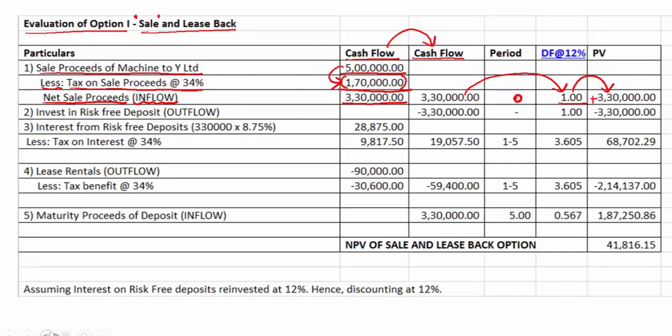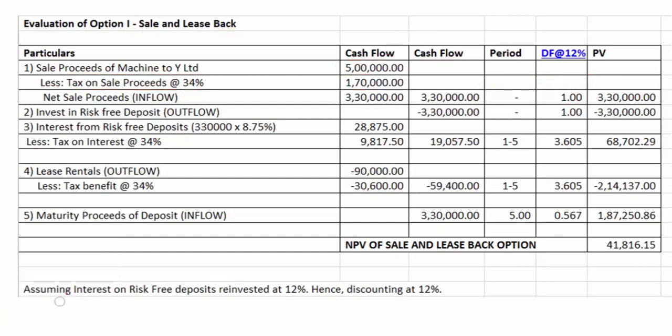Then what I'm going to do, I have to invest this money in a risk-free deposit. So as a second item, let me write invest in risk-free deposit, and this is basically an outflow. So let me take it to the second column with the negative sign indicating money is going out, and that is happening at time 0. So discount factor at 12%. What is this 12%? 12% is basically the cost of capital.